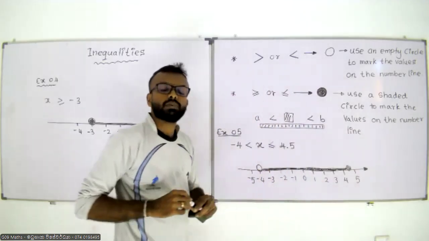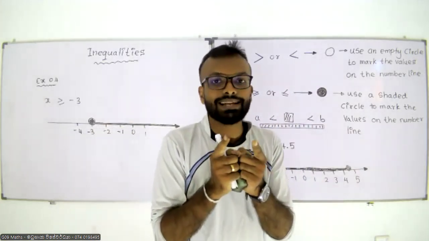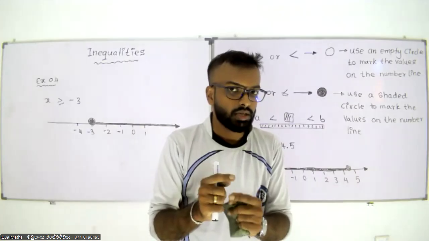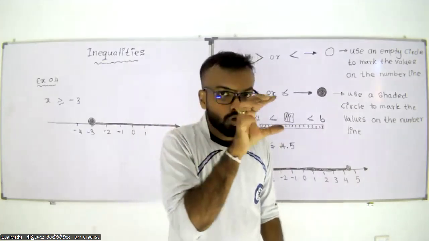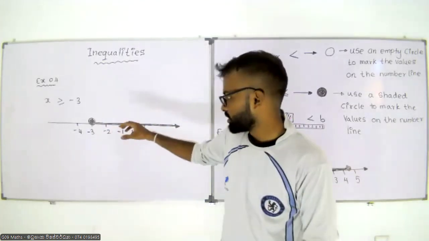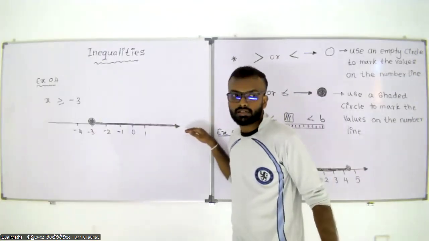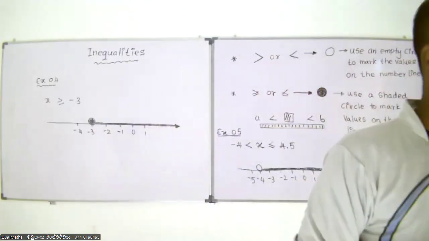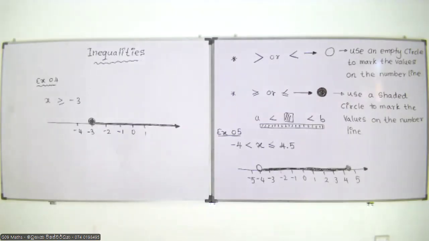That is the difference between the integral solution set and the solution set. The integral set is dots. The solution set is fully highlighted, all the possible values.